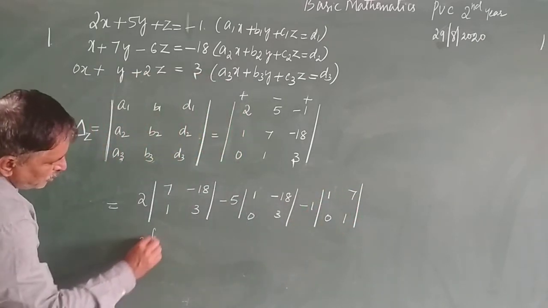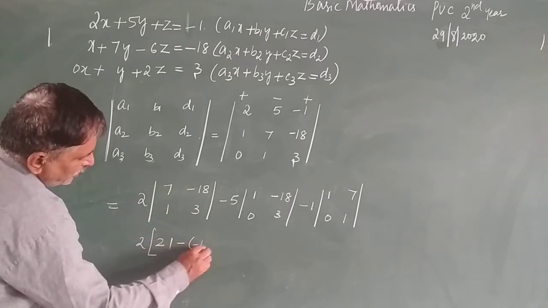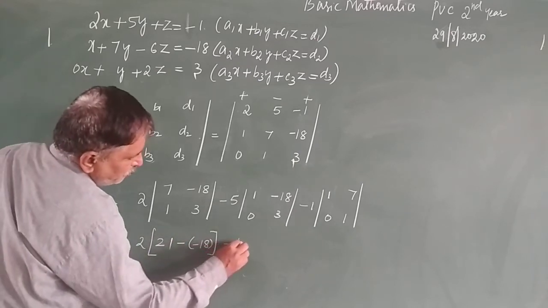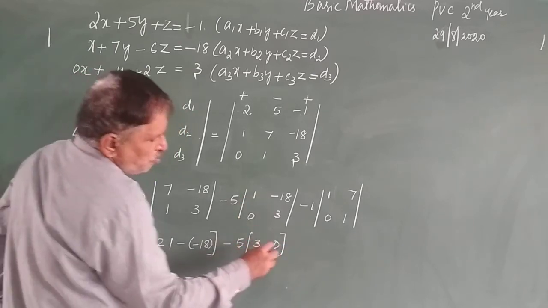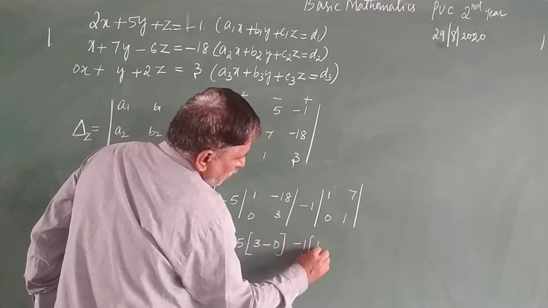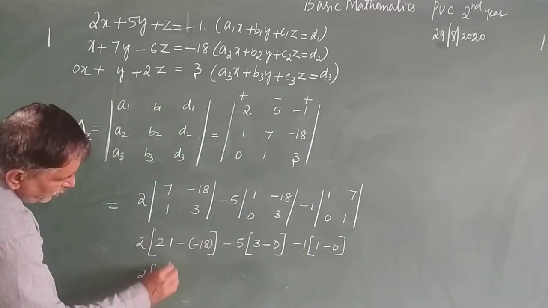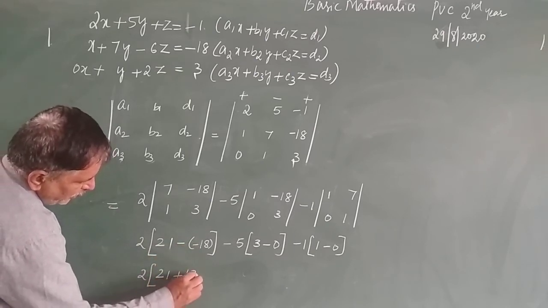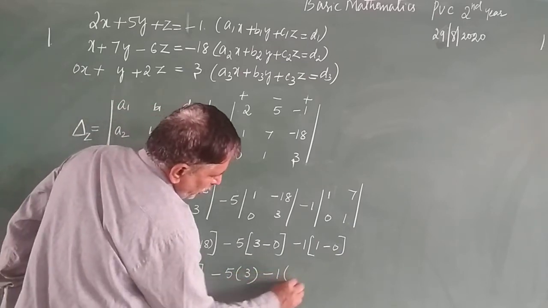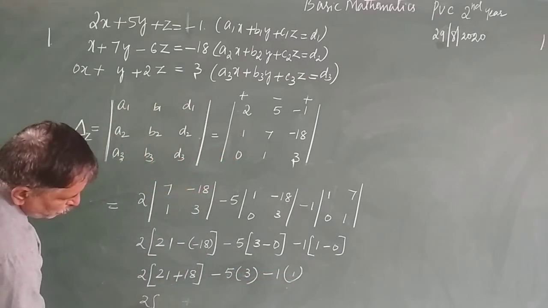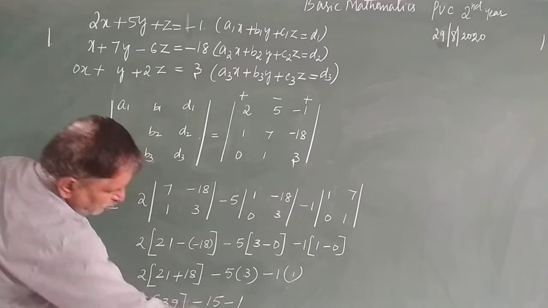As usual, 2, the product of the principal diagonal, 7 3s are 21, minus of minus 18, minus 5, 1 into 3, 3, 0 into 18 will become 0 only, 1, 1 into 1, 1, minus 0. So that is 2 into 21, minus into minus plus 18, minus 5 into 3, minus 1 into 1, 2 into, this is 39, minus 5 3 times is 15, minus 1.